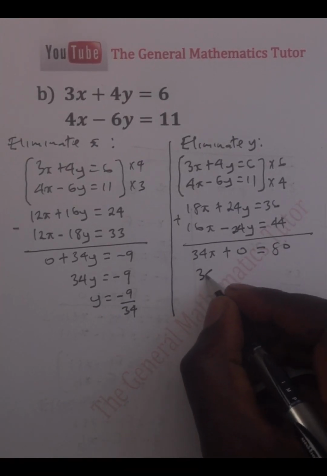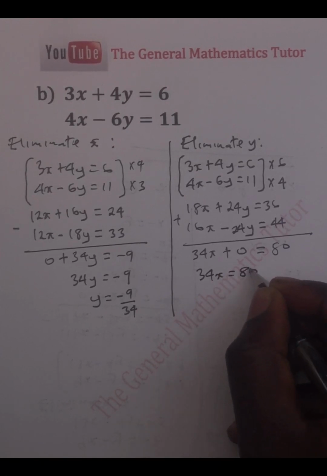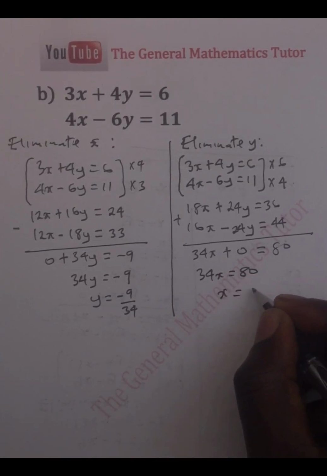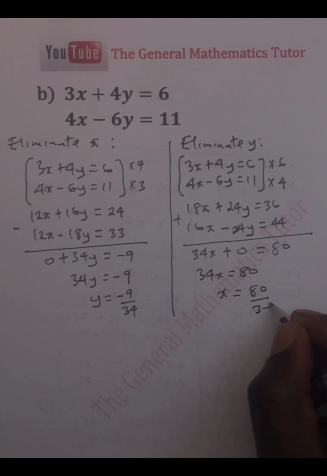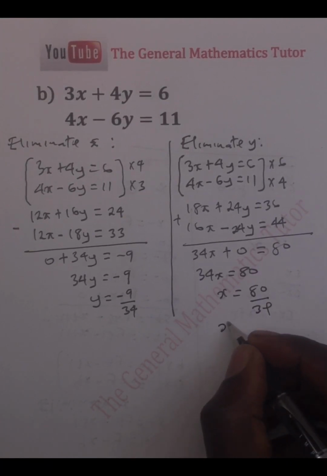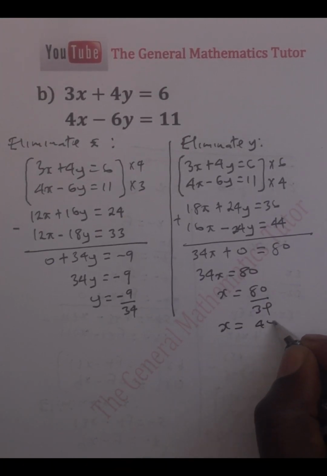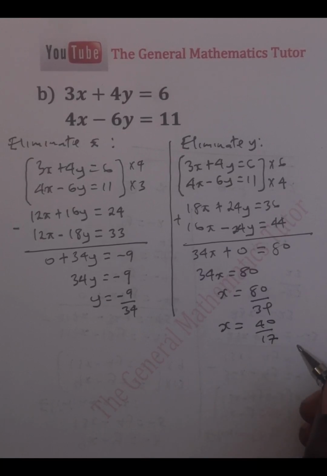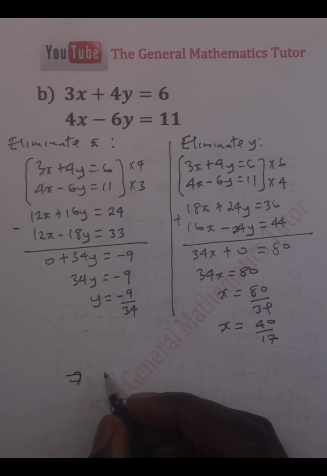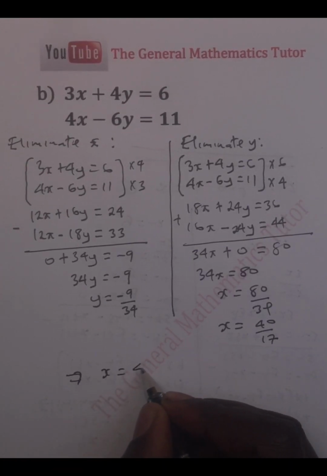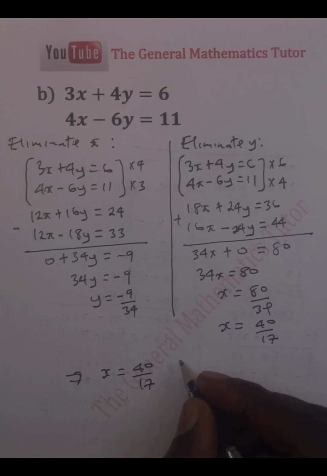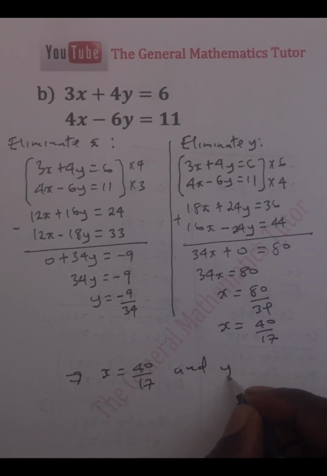So we have 34x is equal to 80, so that x is equal to 80 over 34, which you can simplify to be 40 over 17. So it means therefore that x is equal to 40 over 17 and y is equal to negative 9 over 34.